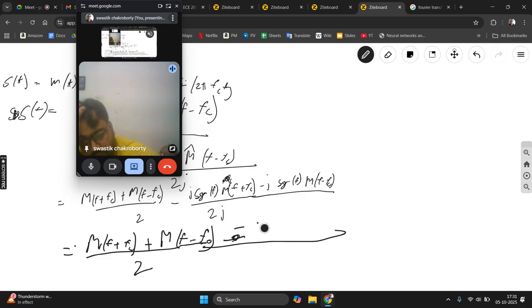So if f is greater than 0, it is minus M(f plus fc) plus M(f minus fc). So it will become M(f minus fc) if f is greater than 0.